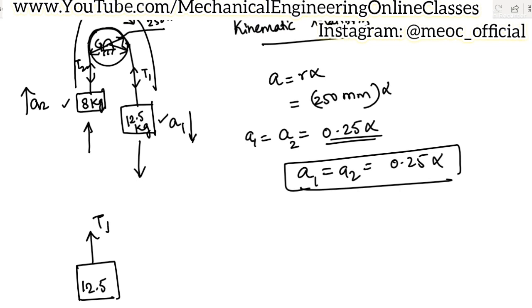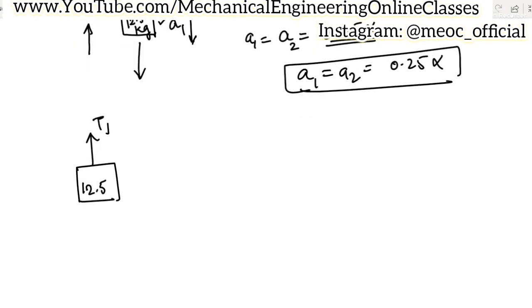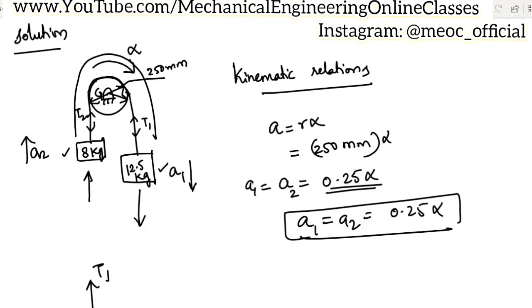So I am writing it as T1 here. And there is a weight that is acting downward. Weight is 12.5, this is in kilogram, right? So I am converting it into newtons. So it will be 12.5 into 9.81 newtons.